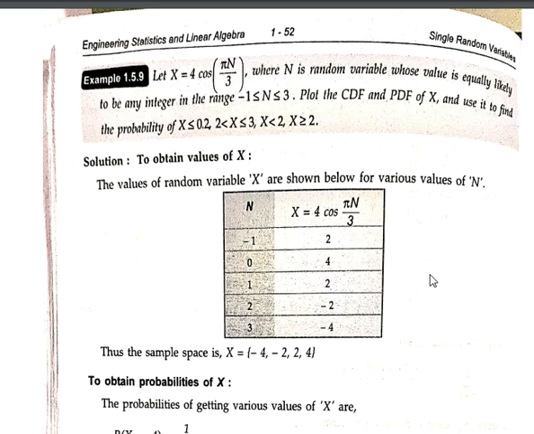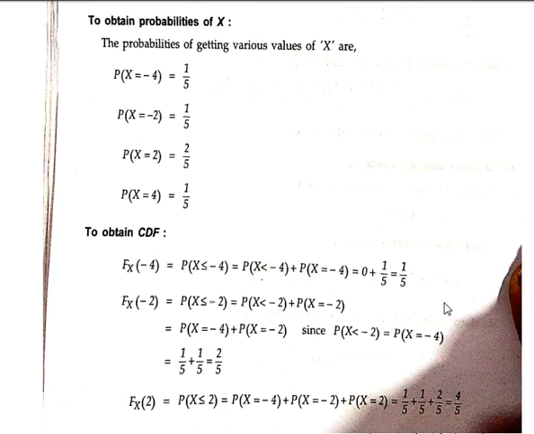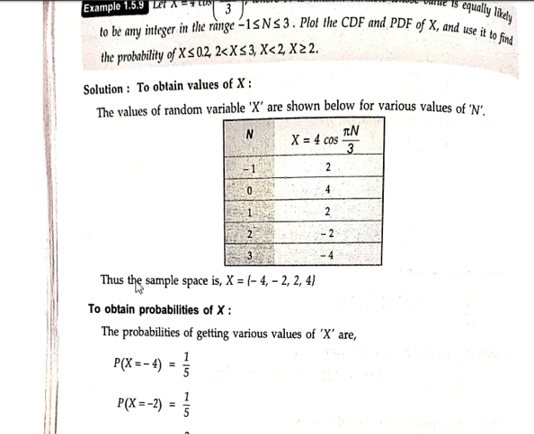Once we have these values, the next thing is finding the PDF. For P of X at -4, we have 5 options, so P of X at -4 is 1 by 5.